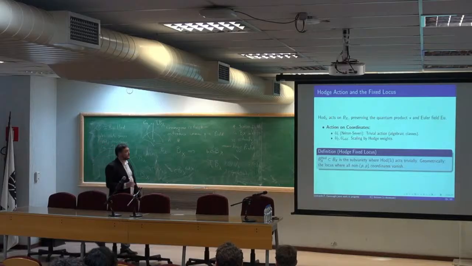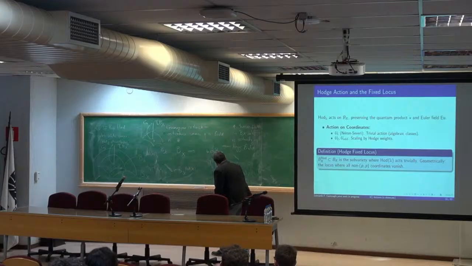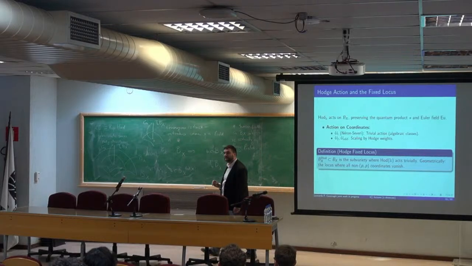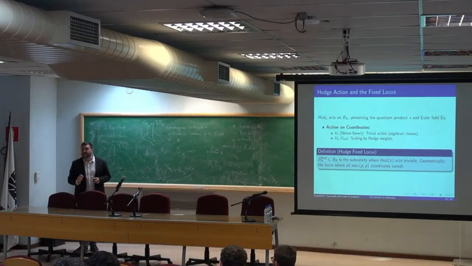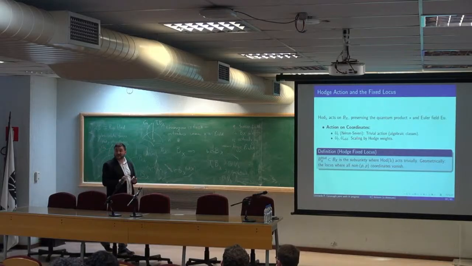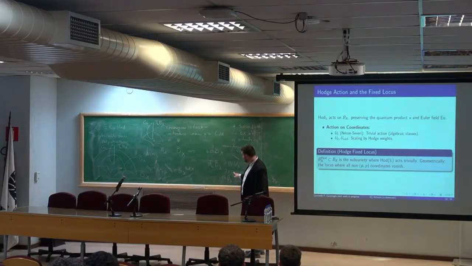It means that you can decompose it in terms of irreducible representations. Let's put this as V_j. And what is the trick now? Why this choice of Euler vector field and this sort of stuff? Because the Euler vector field and quantum multiplication are actually morphisms of Hodge structures. So this means that these V_lambda guys here are filtered by these representations.